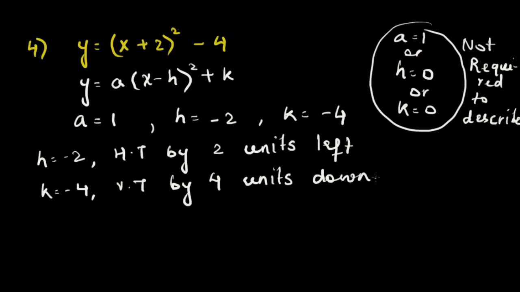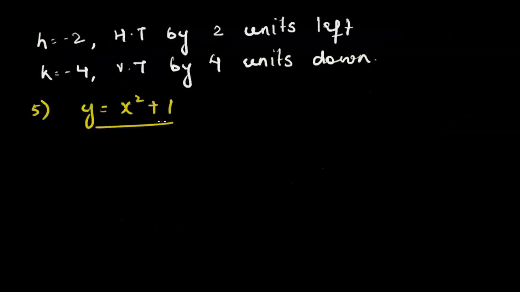One more thing to remember is, if let's say we're given a question like this, y is equal to x squared plus 1, how do we decide if this 1 represents an h value or a k value? Now when we look at the general equation, we notice that a is something that is written in front of x squared and is being multiplied with x squared.